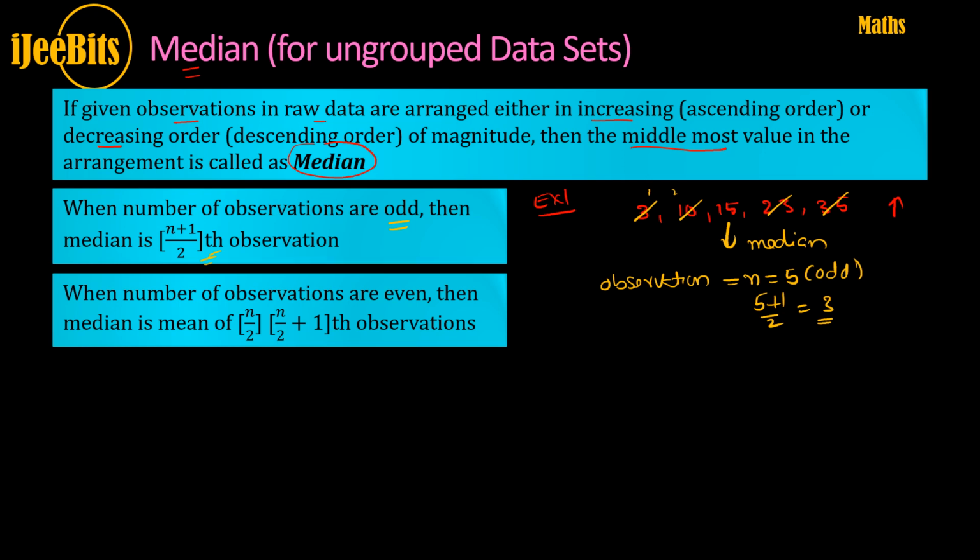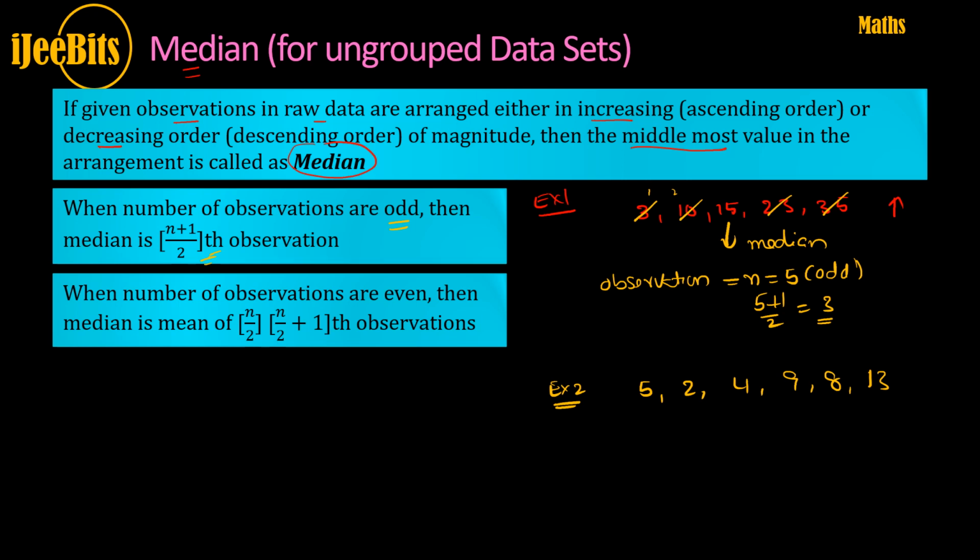So let's take another example. Example 2, random values, maybe 5, 2, 4, 9, 8, 13. By looking at this, what happens? These are not in one order, right? Increasing, decreasing, something like that.